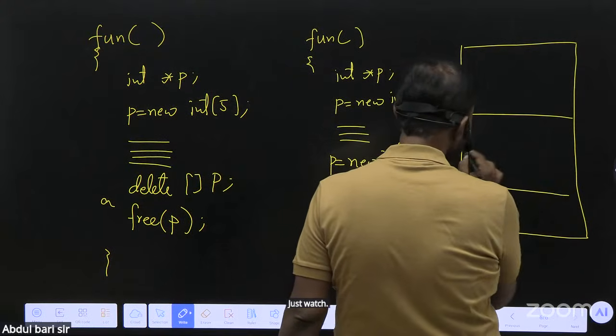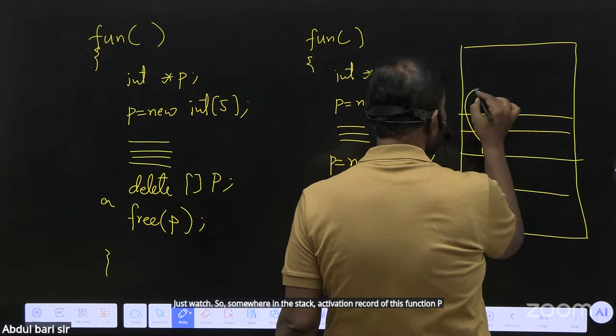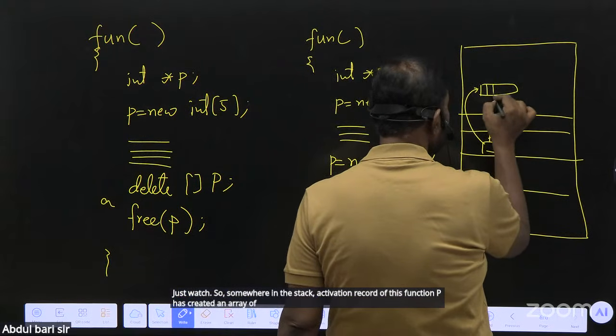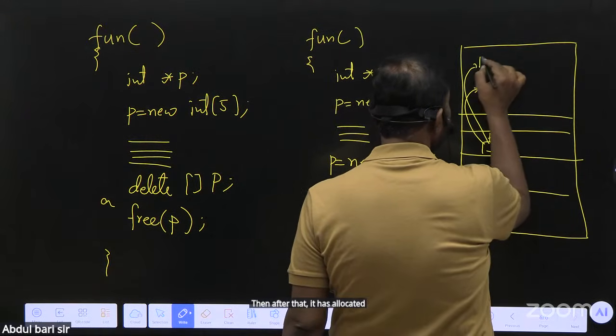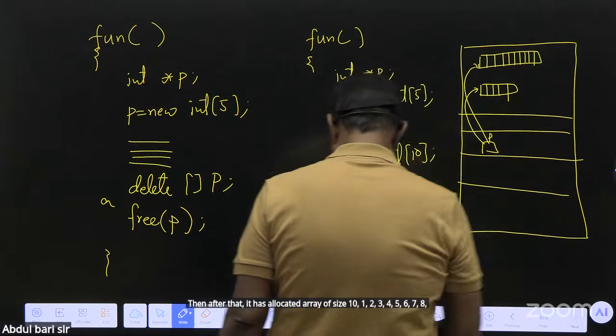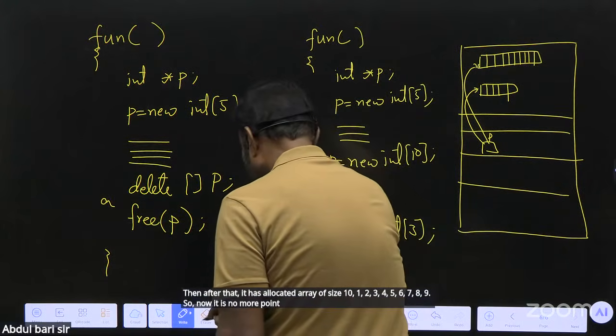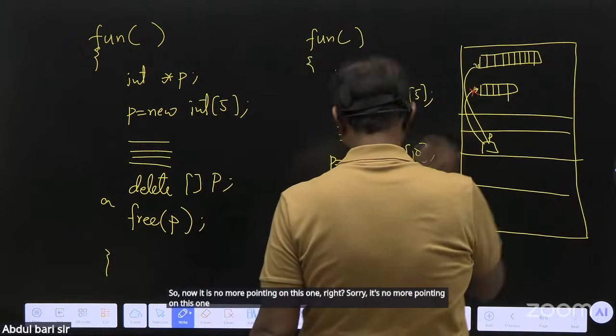Somewhere in the heap, p has created an array of size 5. Then after that, it has allocated an array of size 10. 1, 2, 3, 4, 5, 6, 7, 8, 9. So now it is no more pointing on this one.